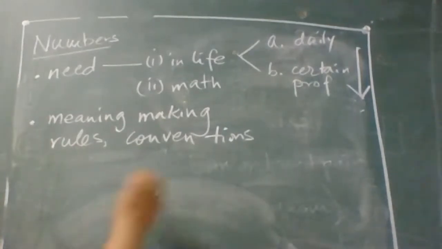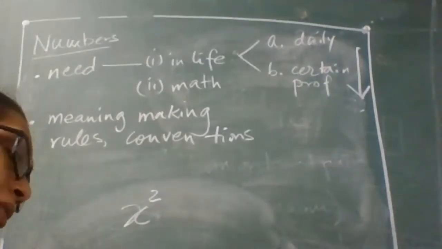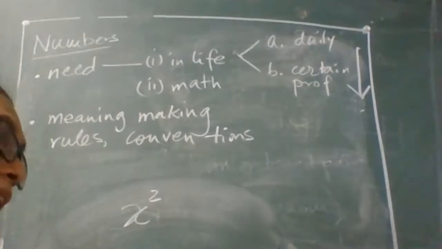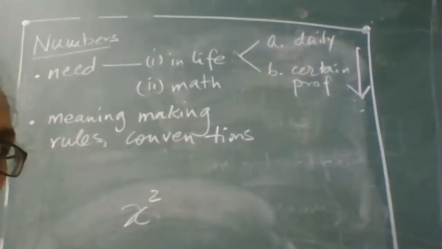What does this notation mean? It is quite possible that in the state syllabus they have dealt with squares in particular, cubes in particular. But this is where we need to check if the syllabus is a bit consistent. So that needs to be looked into.